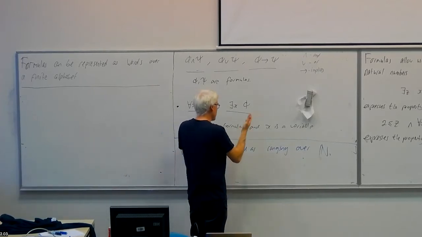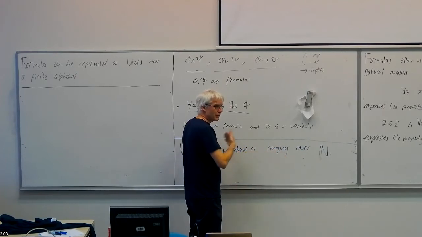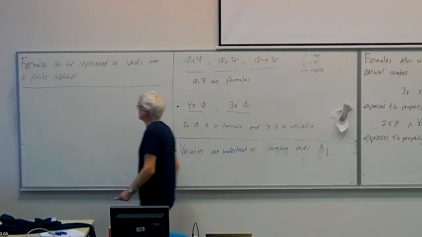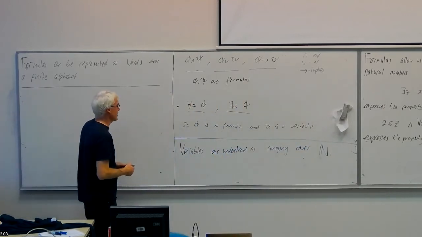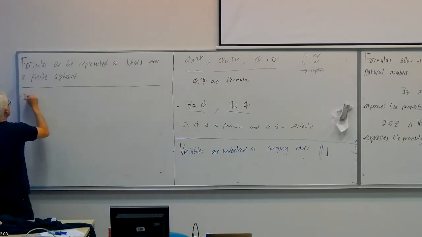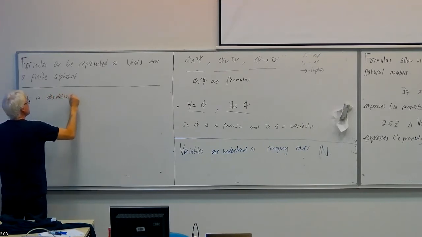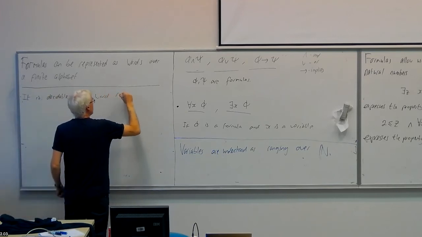When you write a computer program, it first gets parsed to see if it's textually a legitimate computer program. It's the same thing here. We can parse a string of symbols to see if it's a formula. So it is decidable if a word represents a formula or not.